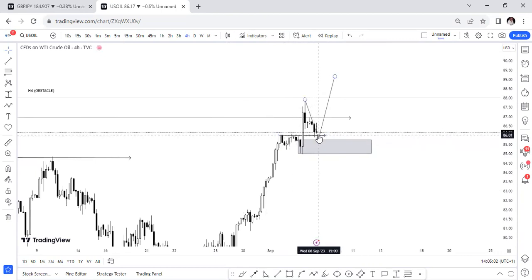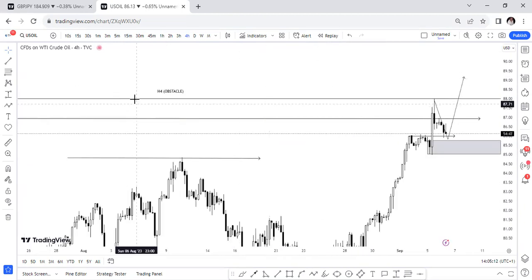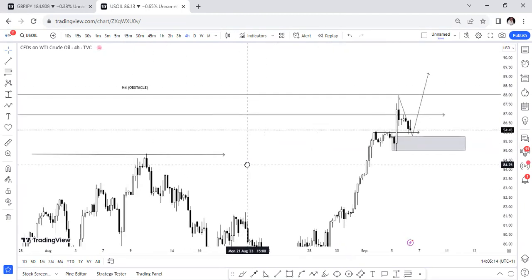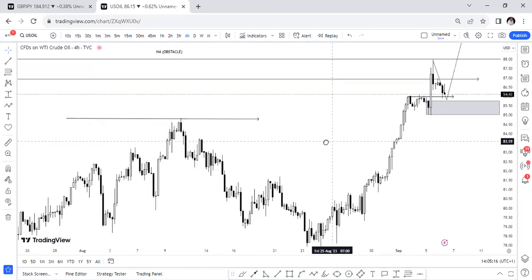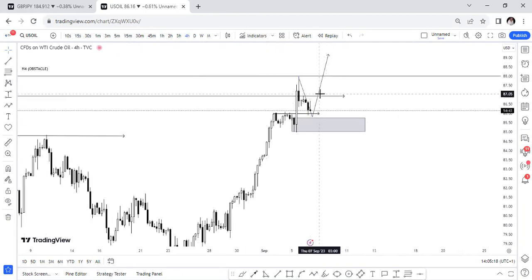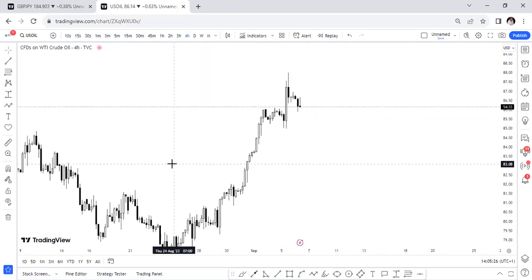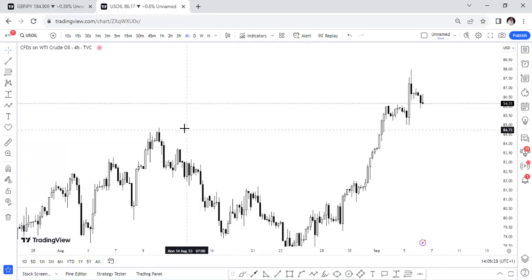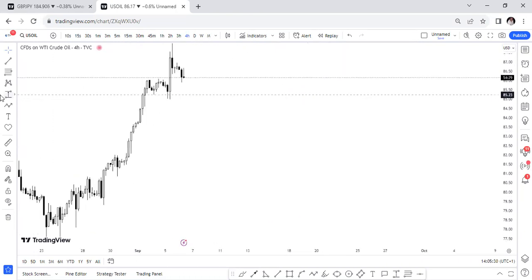We have a rejection here. We expect price to go to the next obstacle, and the next obstacle will be your profit target. If you want to, you can go lower to 1 minute. So that's how this thing is.